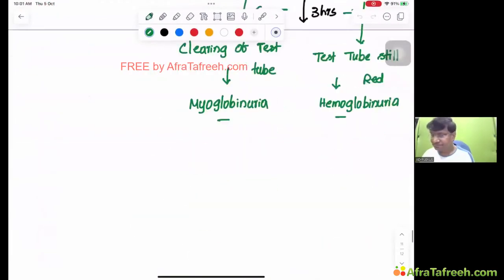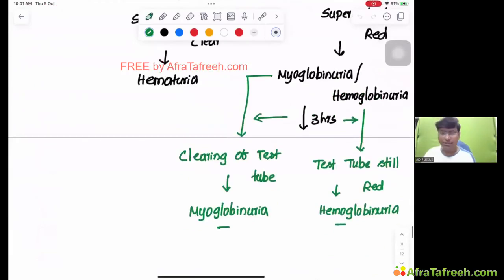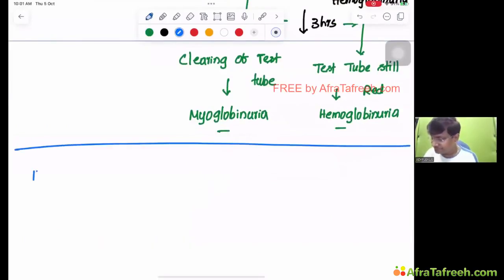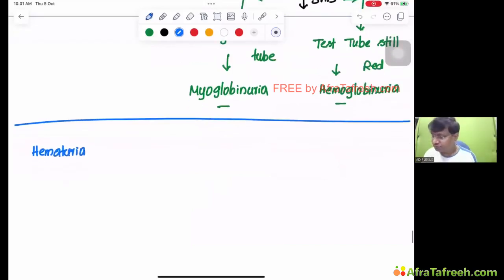Now, after having discussed the story related to red urine, I will give you different scenarios. What could be the underlying diagnosis? For example, the individual is having hematuria.